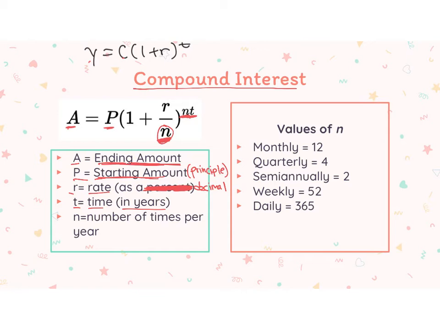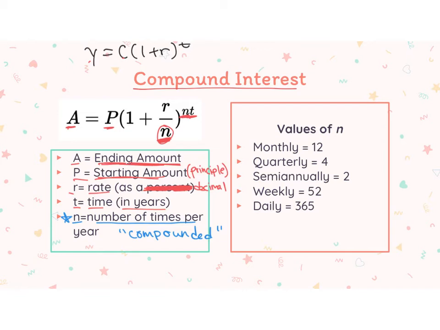Now here's the new one, okay? So the new one here is N. Now N is the number of times that something is compounded per year. Number of times that something is compounded. Okay, so look, that's the word you're going to look for, that word compounded. So when you see the word compounded, what they're talking about there is how many different times do they calculate the interest per year.